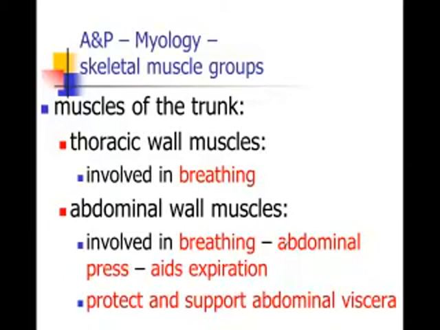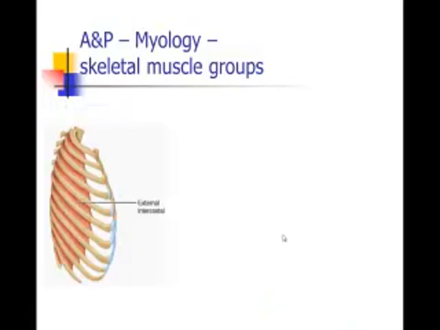And in the abdominal wall, the muscles also are going to protect and support the abdominal viscera. Remember, there are no ribs in the abdominal wall, so we rely on the muscles of the abdominal wall for those functions.